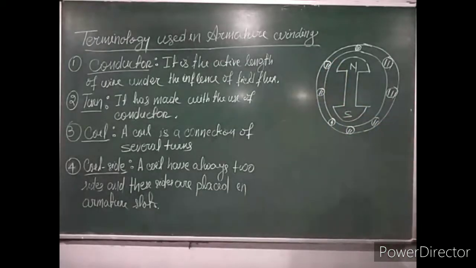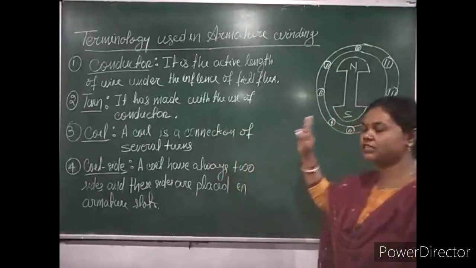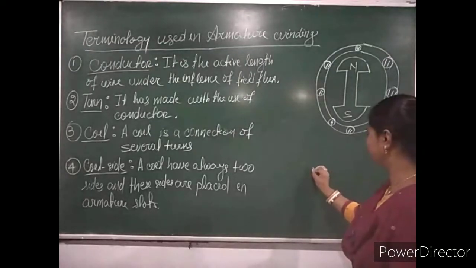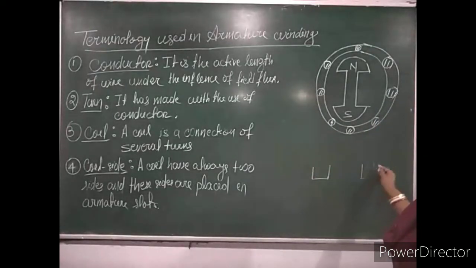So how do you draw a conductor? Suppose I take one coil. Later I will discuss what is coil, turn, and coil side. First I check in the armature slot how conductors are placed. Suppose this is one slot, this is another slot.